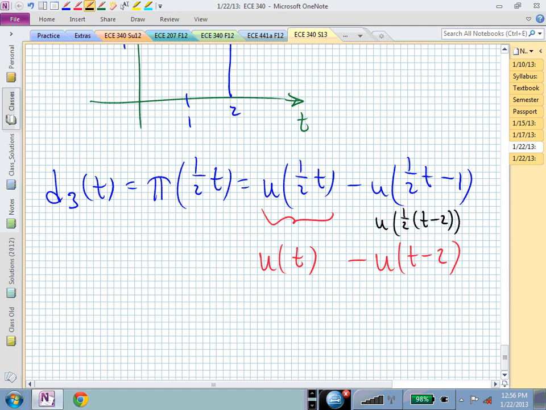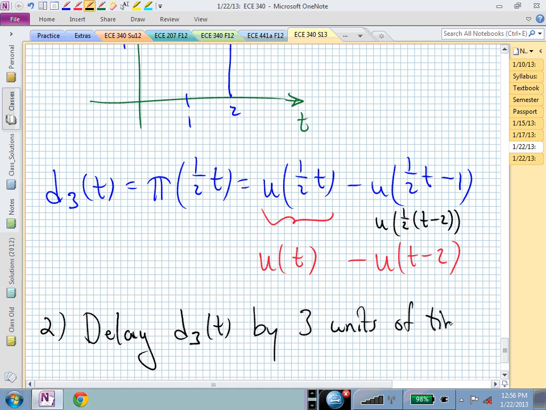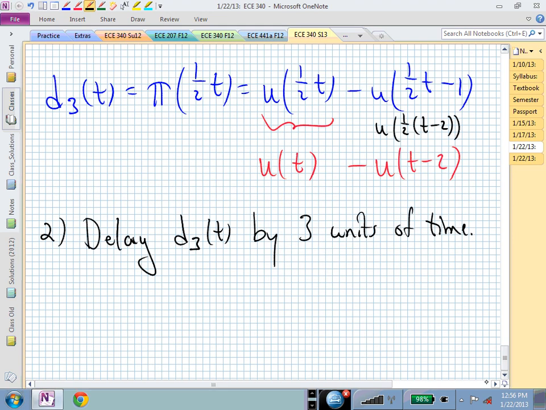Now we need to delay things. Let's now delay d sub 3 by 3 units of time. To delay, we just replace t with t minus 3 if we're delaying by 3.